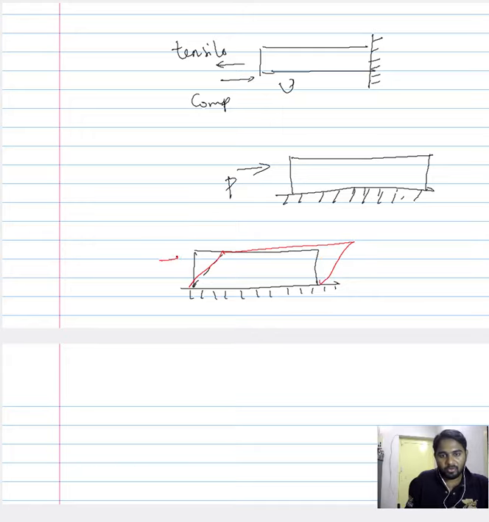So you apply a load here, P, and the material which was a regular rectangular shape earlier has undergone some sort of a shape change, and it has now assumed a form that is shown in the red. Now this is what we refer to as the shear deformation or shear distortion. So what we have seen here is shear deformation.